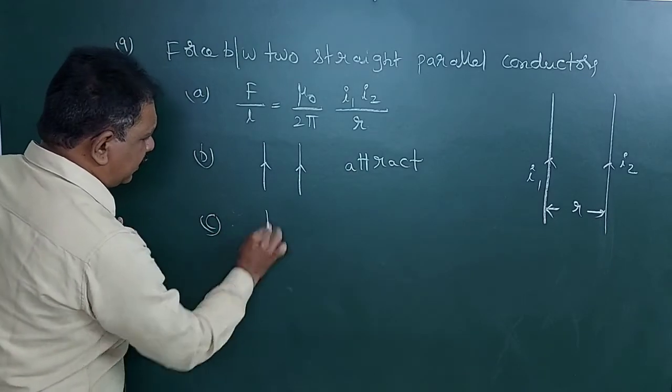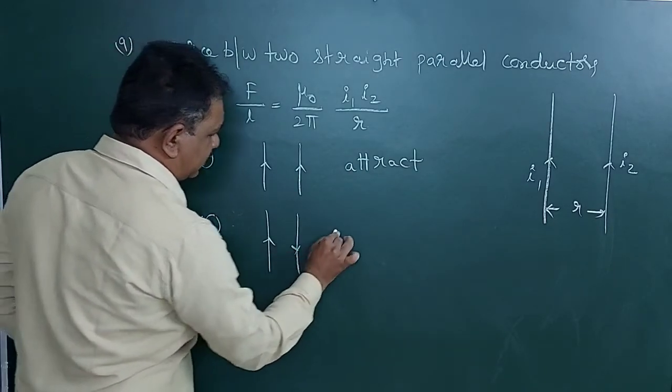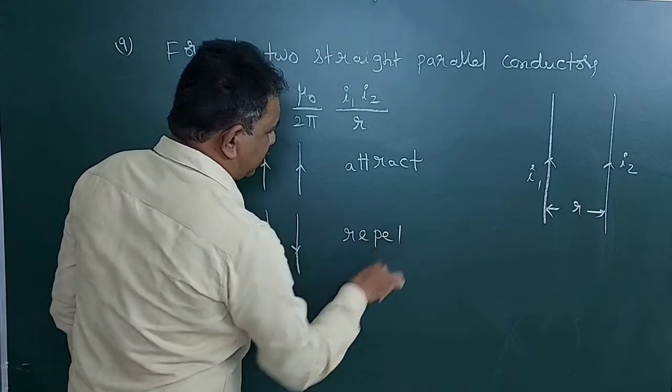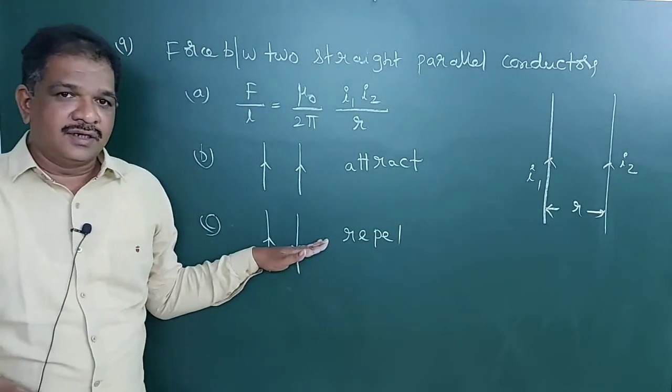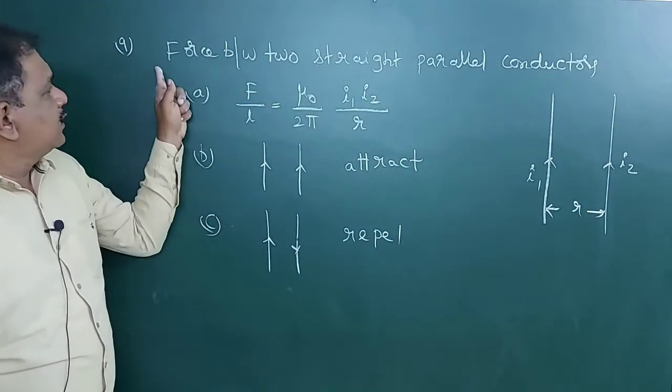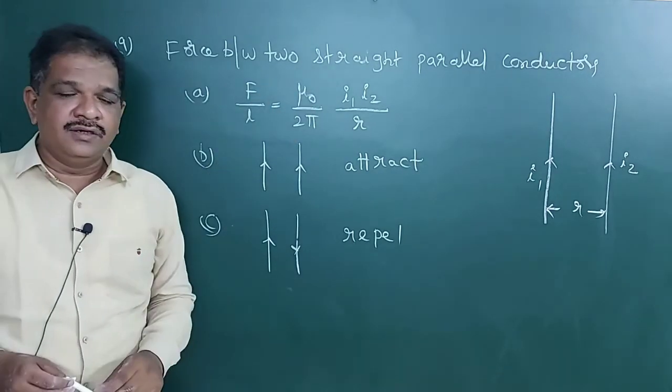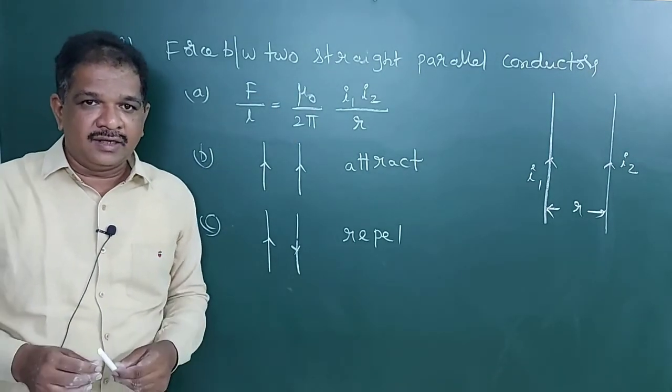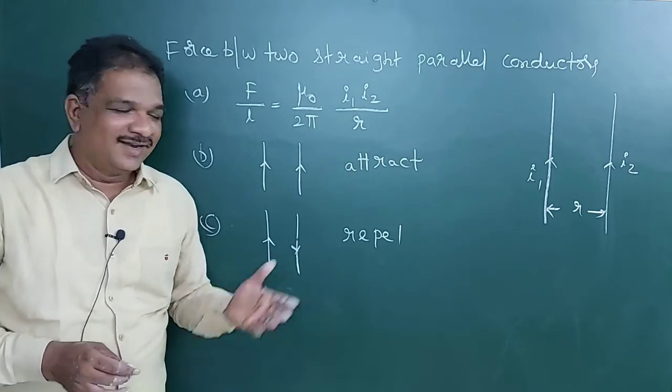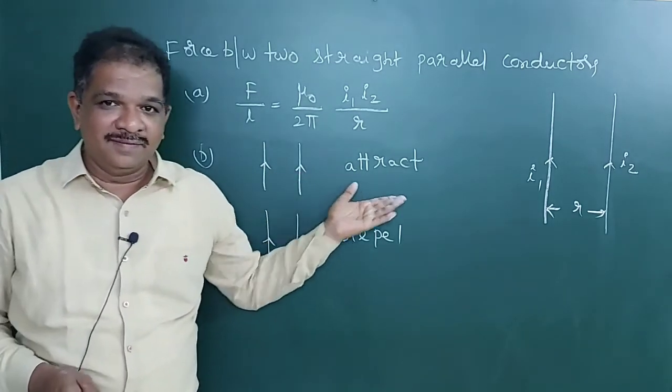If currents are in the opposite direction, they will repel each other. Okay, this is about the force between two straight parallel conductors. So try to recall, all are there in the theory.